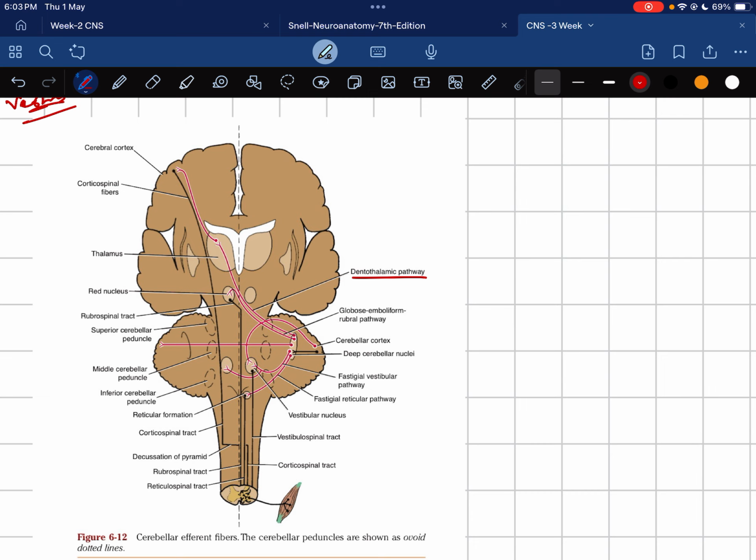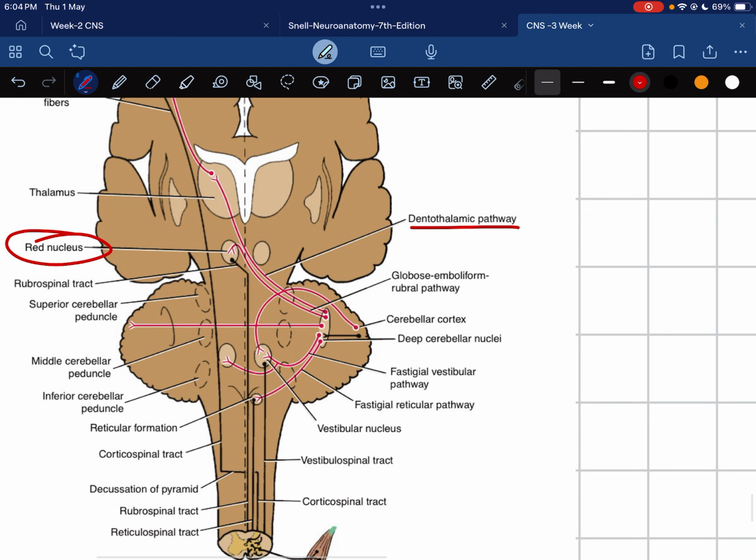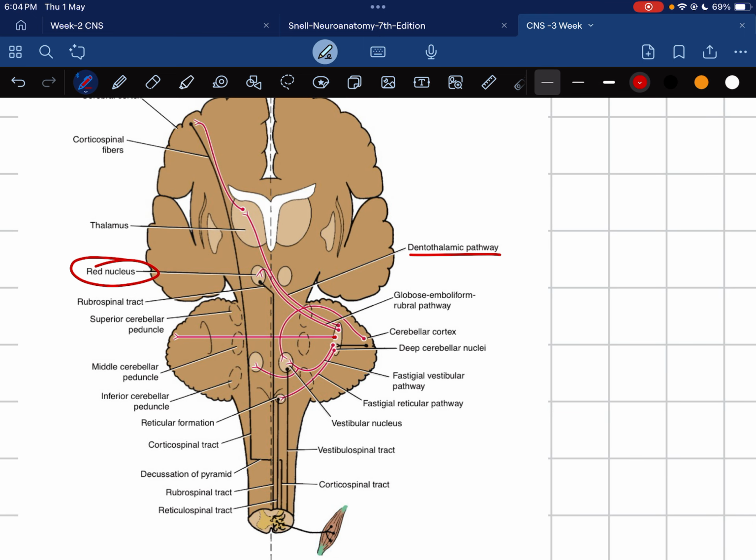And another one is the direct connection of the red nucleus to the dentate nucleus or the deep nucleus. That is known as the globose-emboliform-rubral pathway. And there is some connection from the left hemisphere to the right hemisphere.